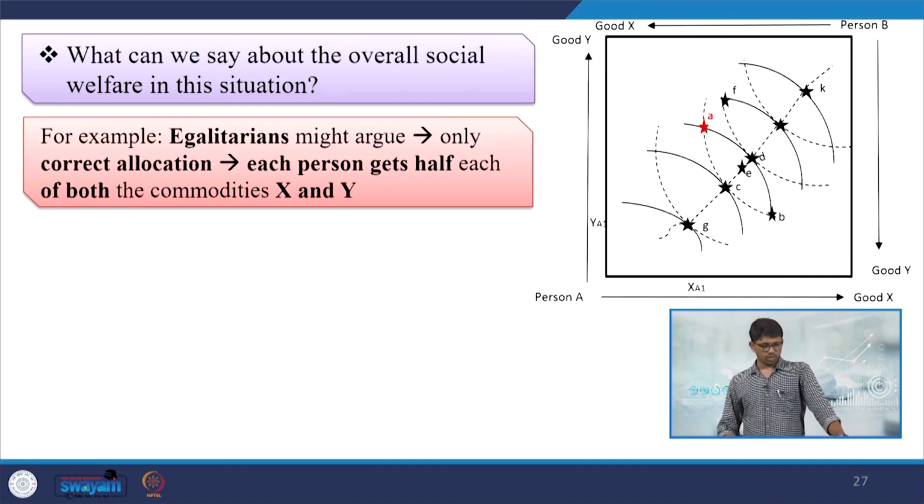And what can we say about the overall social welfare in this situation?